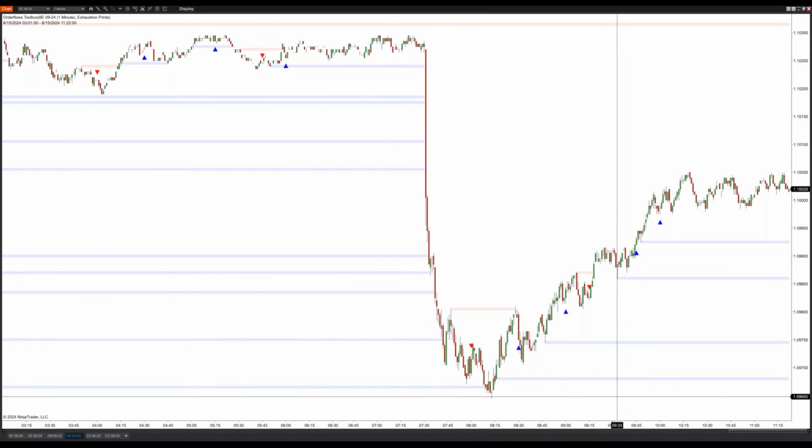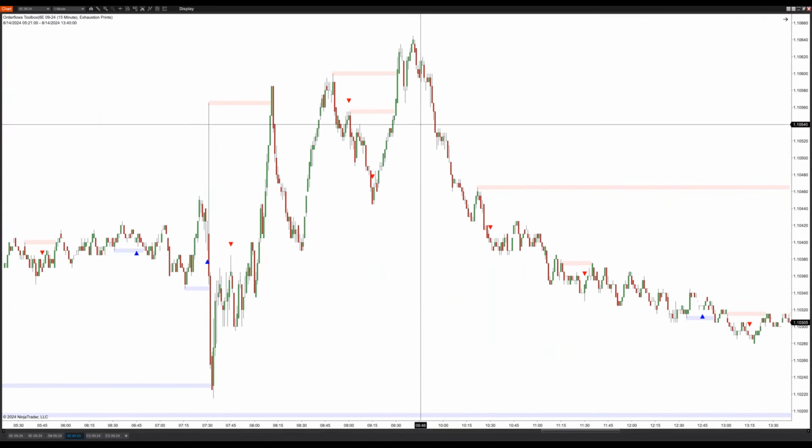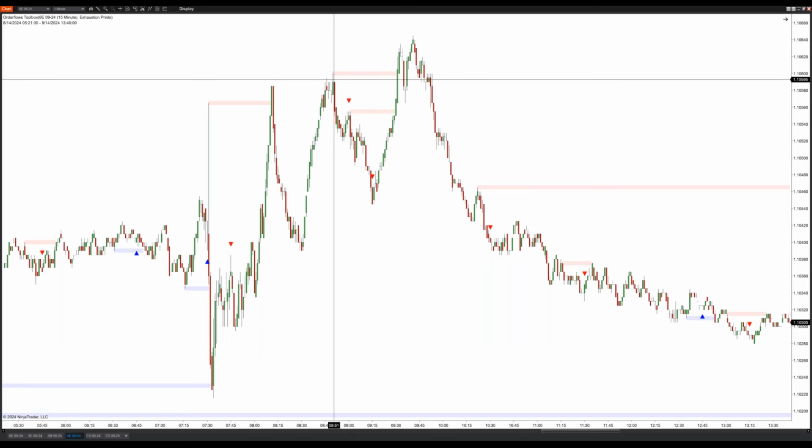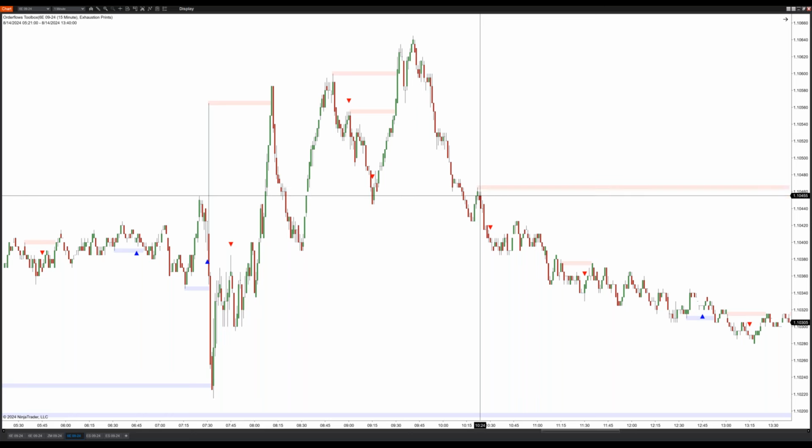Today we had that big drop, but sometimes when I see them coming in at a swing high like this, it's a very powerful signal for me. There's a little swing high. But again, there are so many different ways you can use it.